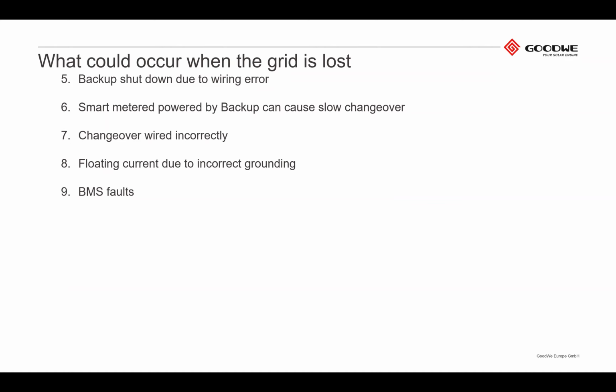And then also smart meters. It's very important that the smart meter must be powered by the grid. The smart meter should go off when the grid goes off. Sometimes the smart meters are powered by the backup output. Then the inverter thinks that the grid is there, but the grid is not there. So sometimes that can cause a delay in changeover.